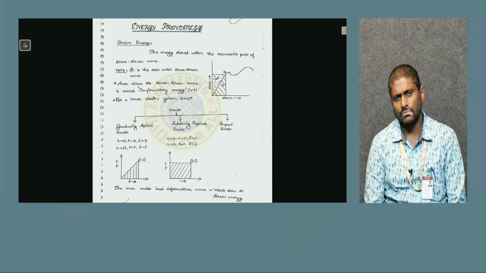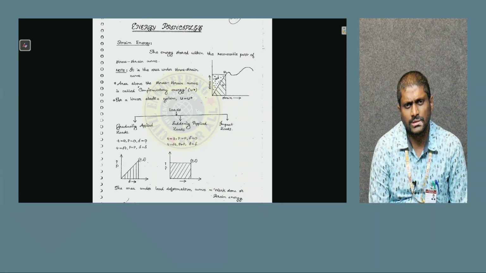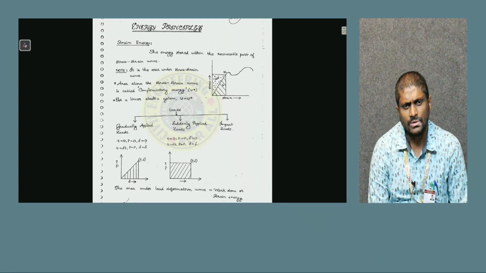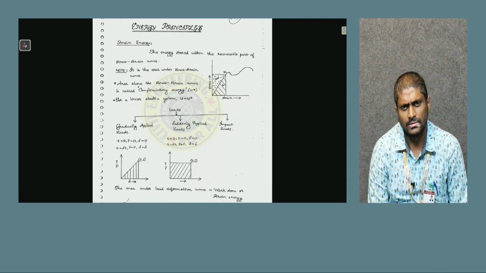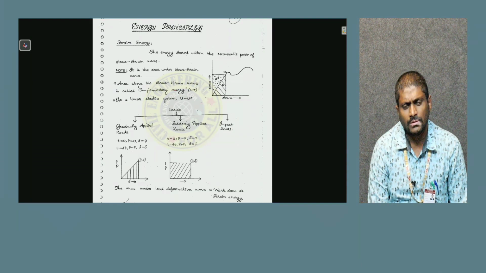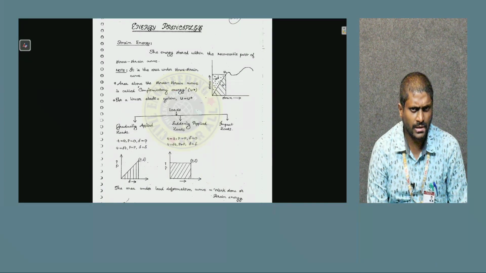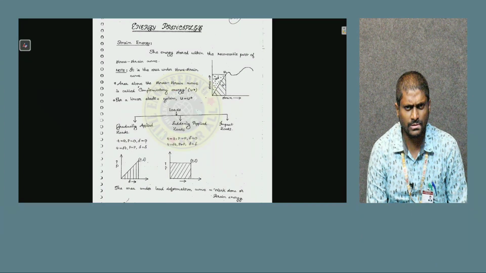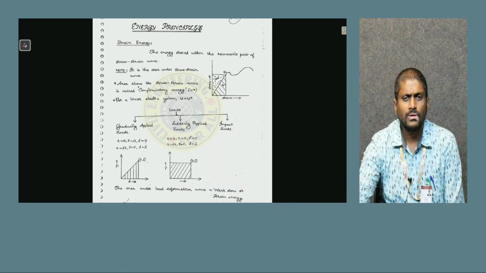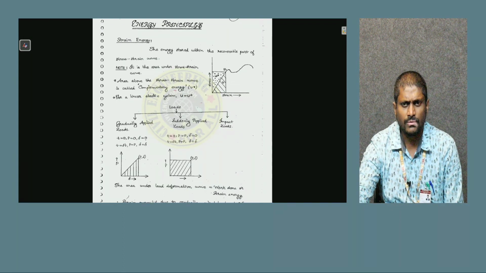In the suddenly applied load, it will not start from 0, it will start from some magnitude, that is suddenly applied. Then you will have a rectangle or square kind of diagram.